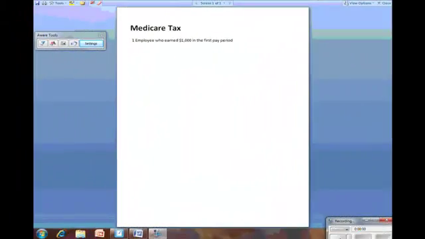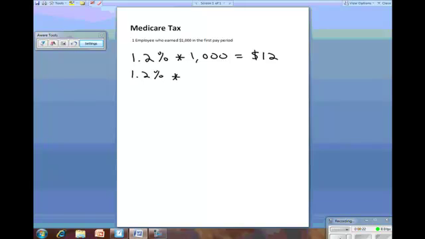Alright, here we are, about to calculate some Medicare tax. And just to let you know, 2.4% of those federal income taxes withheld go towards Medicare. Now, as an employer, you're trying to figure out how much to deduct from your employee's paycheck. This employee has earned $1,000. You take 1.2%, half of 2.4, multiply that by $1,000 for $12 that you owe as an employer.